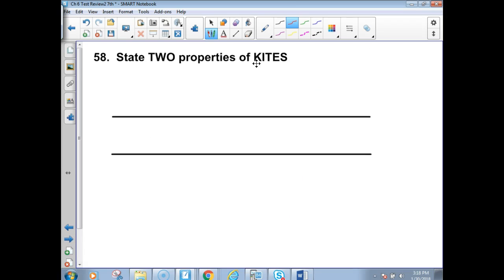Number 58. State two properties of a kite. Two properties of a kite, not of two kites. What do kites have? Good job. The diagonals are perpendicular. What else does a kite have that something else doesn't? Good.